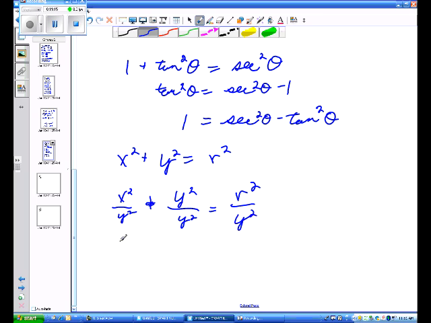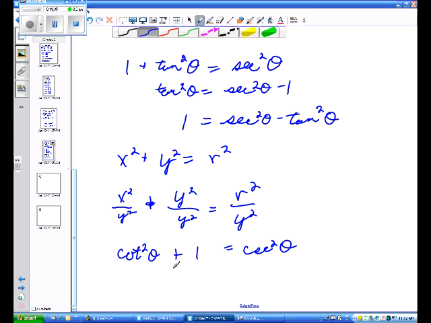So x over y is cotangent, squared, plus 1, and r over y is cosecant, squared.